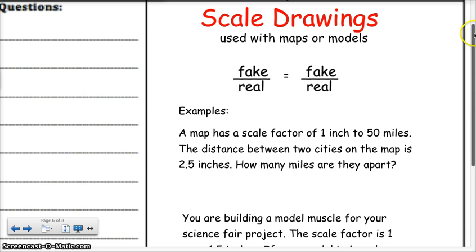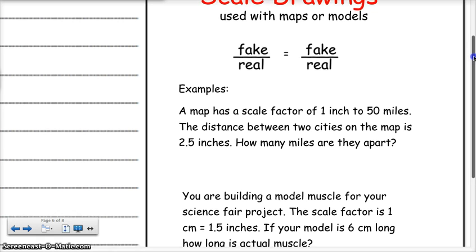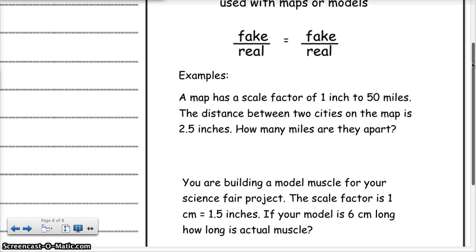I'm just going to do one scale drawing example. We use scale drawing with maps or models. We use the proportion fake is to real as fake is to real. Here's the first one. A map has a scale factor of 1 inch to 50 miles. The distance between 2 cities on the map is 2.5 inches. How many miles are they apart?